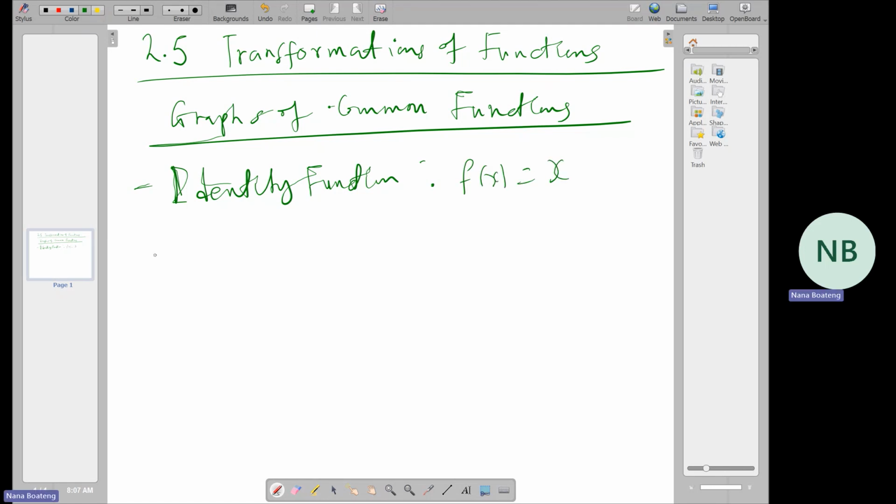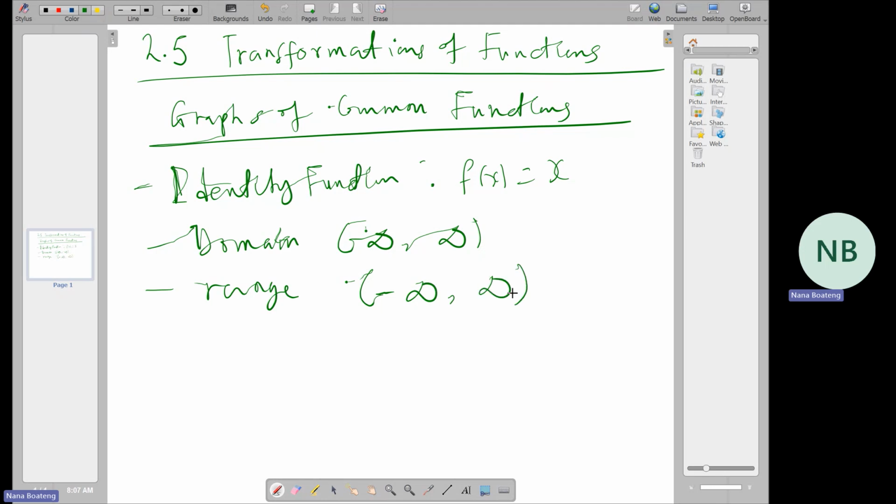Its domain is over all real numbers, from minus infinity to positive infinity. Its range is also minus infinity to positive infinity. If we visualize it, it's a straight line through the origin.